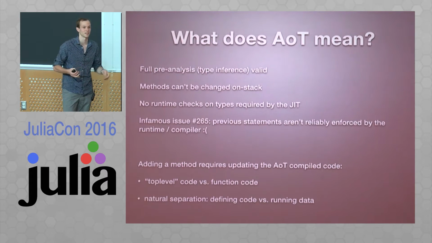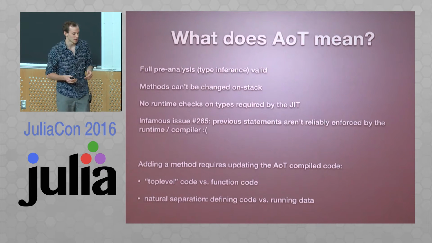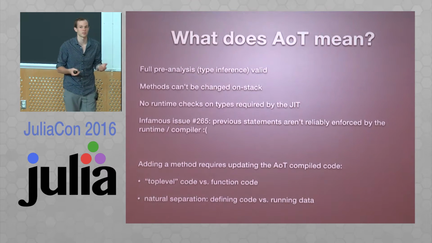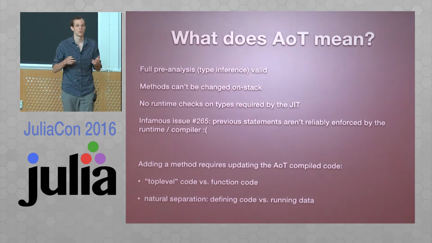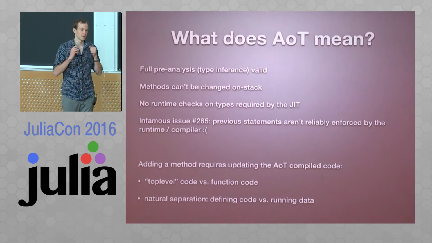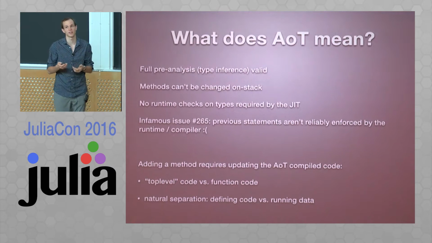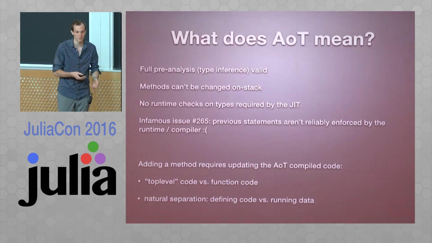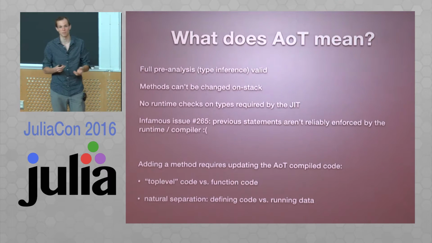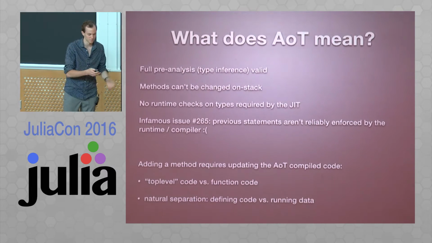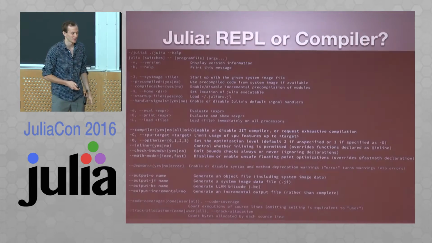It's either a syntax error or a runtime error. And the feeling is this is actually a natural separation. The design of the language was such that you don't necessarily need the features that Python gives you, where you can eval a new function or edit and look up the dictionary of the local environment and modify that. And when you give up those features, you can get an ahead-of-time compiler.